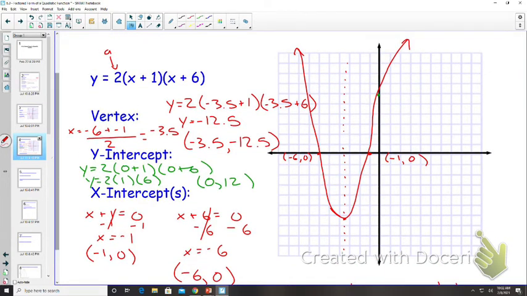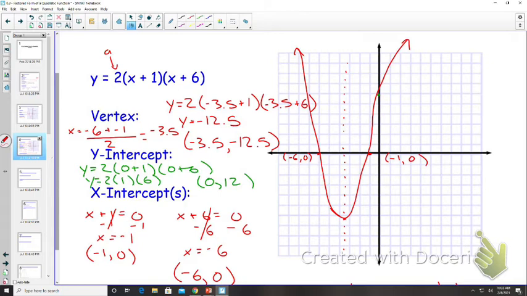And if you really didn't believe me, you're like, there's no way that was the same graph, you can just use your FOIL expansion here, right? So this goes in here and then here. So you get x squared plus 6x, right? Plus x is this one.